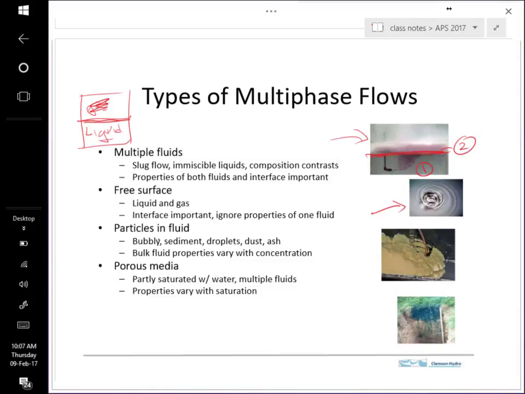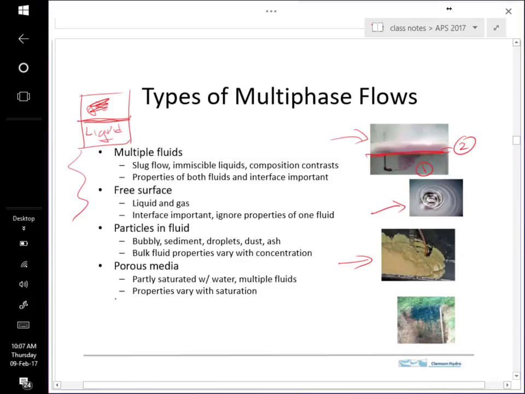And so here's an example of that, where we've got a sediment-laden fluid, like a slurry, that's in water. That's a variety of applications, and that's going to be clearly a different scenario than these guys.